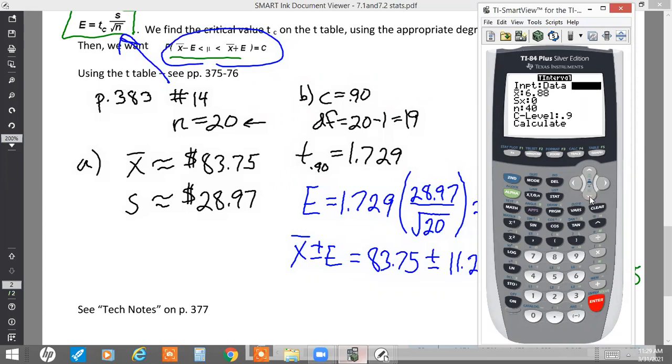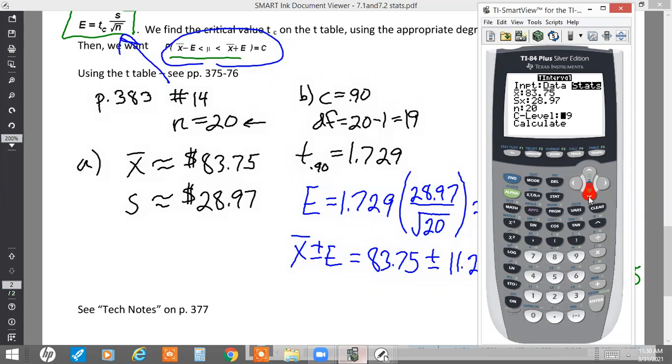We're doing stats. And X bar was 83.75. Sample standard deviation, 28.97. Sample size here is 20.